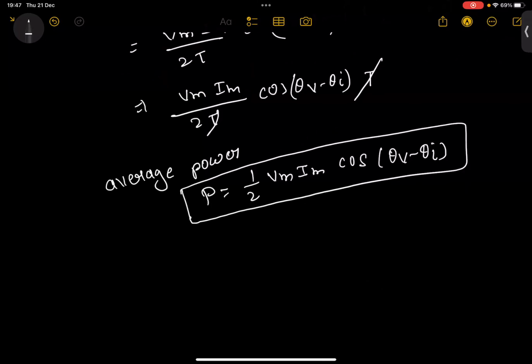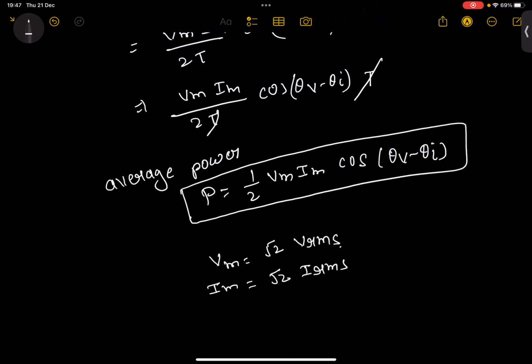Or you can say, for any phasor value, the maximum value is always root 2 times VRMS, so Im equals root 2 times IRMS.